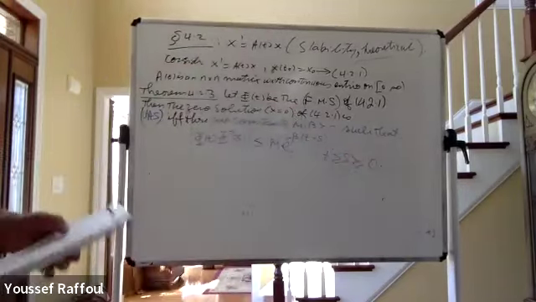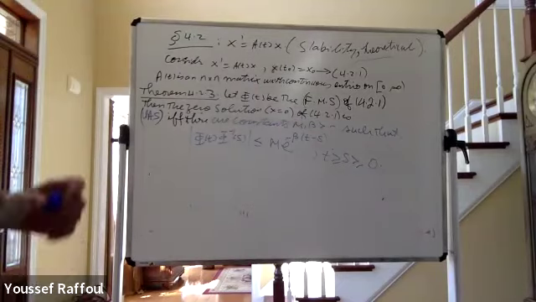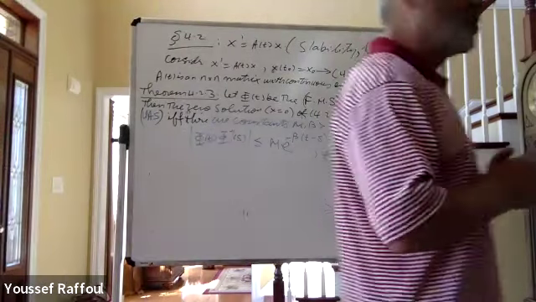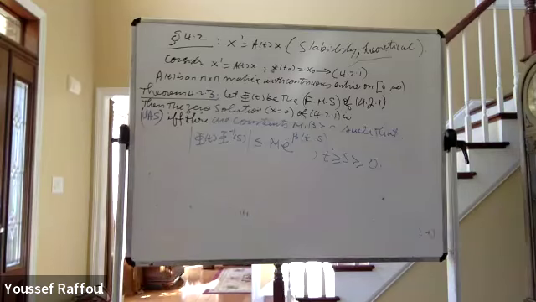So that is the difference between all the three theorems: stability, uniform stability, uniform asymptotic stability.